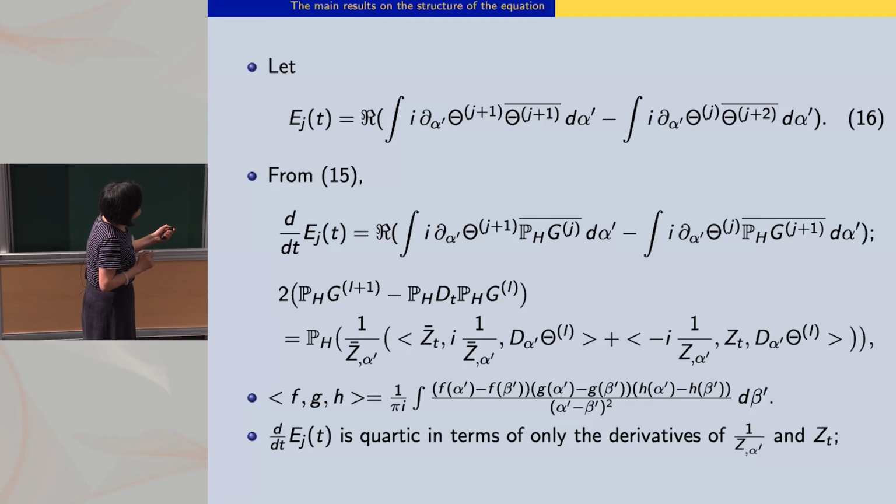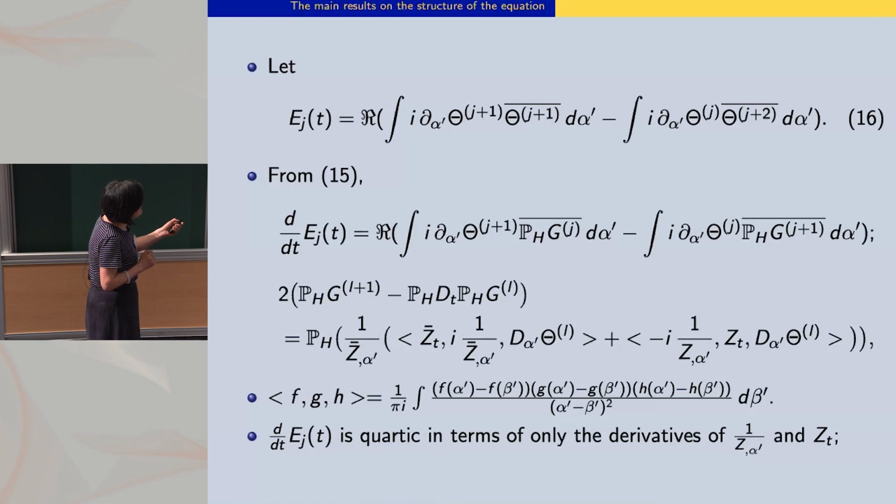And then this is the bracket of this. If you look at this, you plug in here, so you have this bracket, but you have 1 over z alpha. What is 1 over z alpha? You can remove this projection, because theta j plus 1 is holomorphic. And then you put the bar over here, this is anti-holomorphic, so you just put a minus here.